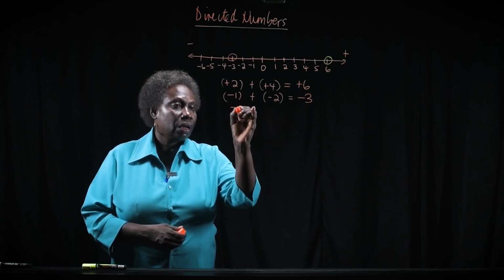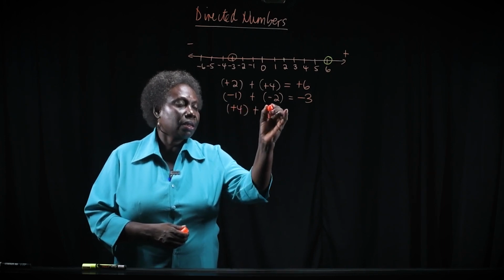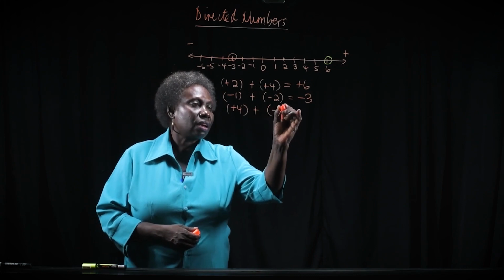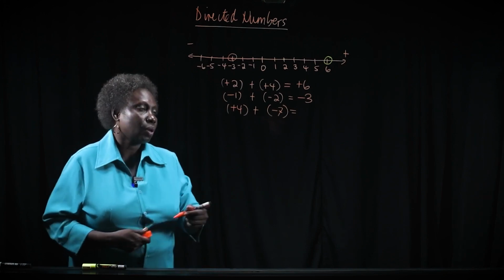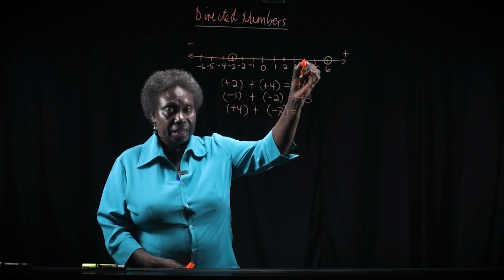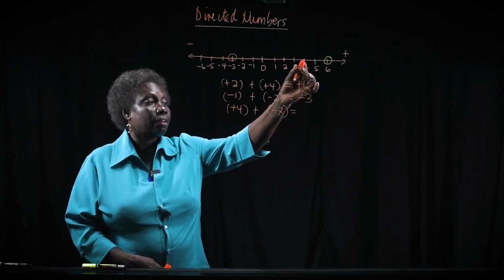Now, I have +4 and I add -7. Let's see what the answer is going to be. +4 is here. I'm adding a negative number, so I am going to move to the left.